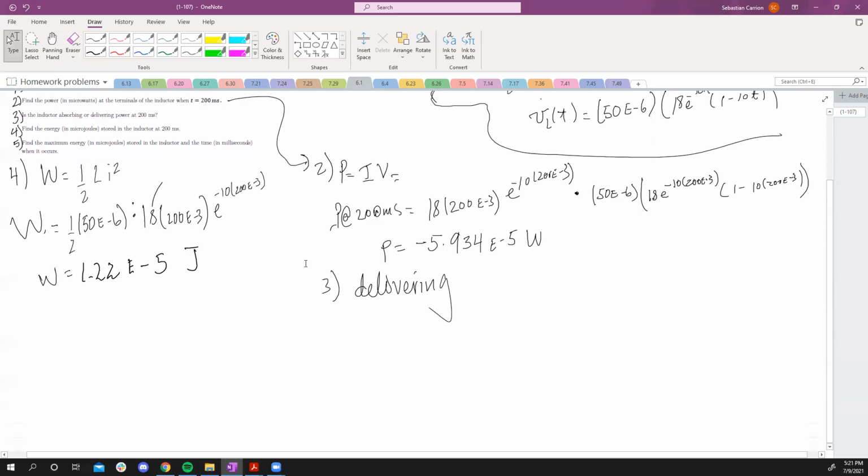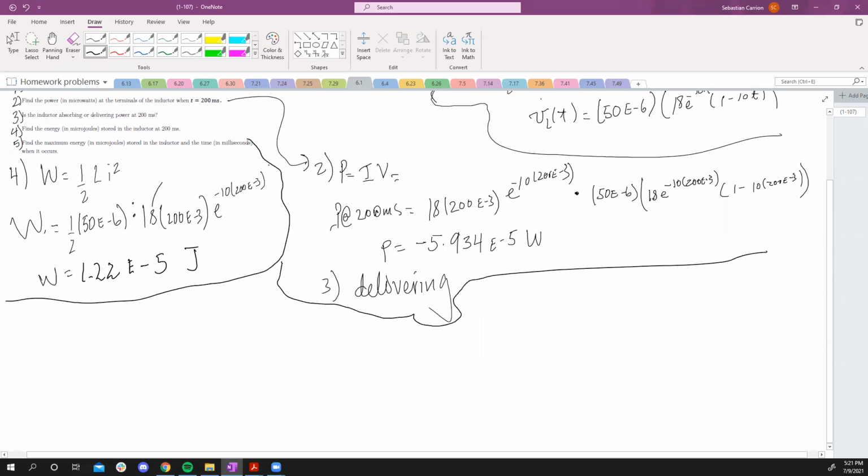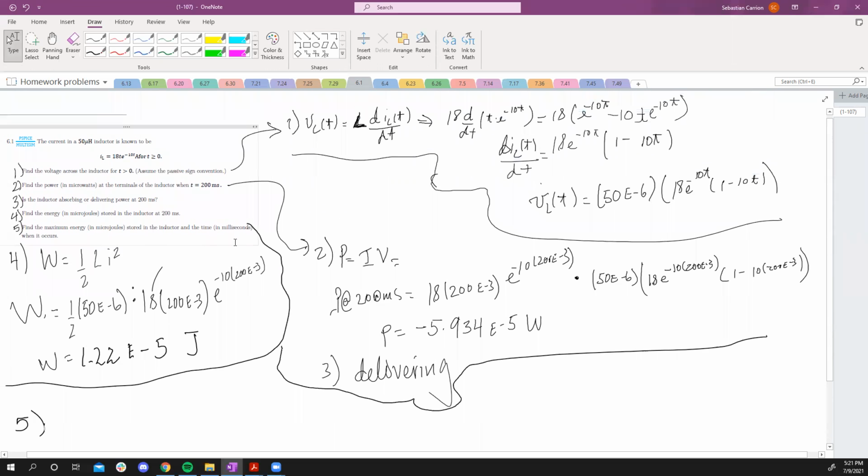So go down here, make a little wall here, separate them. The maximum energy stored in the inductor would be when our di over dt equals 0.